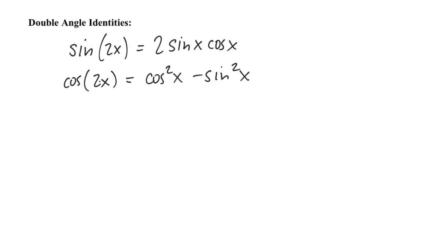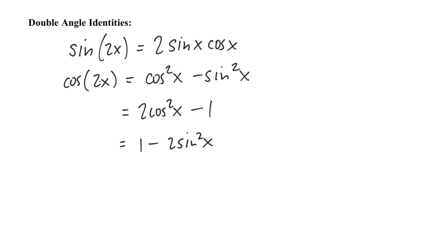And this is an identity that we looked at in the section 5.1 through 5.2 notes. There are two equivalent expressions to this, one of them being 2 cosine squared x minus 1, and the other being 1 minus 2 sine squared x. Which of those three you pick is going to depend on what's in the rest of the equation.